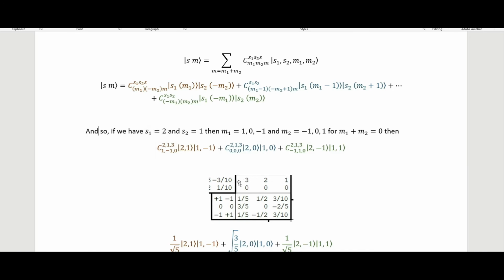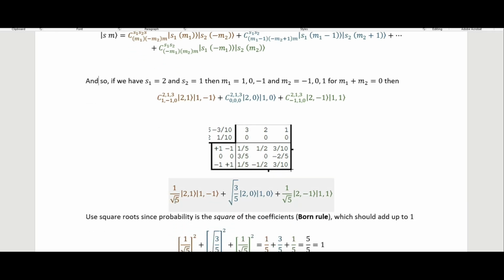And then our total Z component is equal to 0. That's our M1 plus M2 equals 0. Then we can go down to here, where M1 is plus 1 and M2 is minus 1. So we end up with this 1/5. We put 1 over the square root of 5 here because of the Born rule.